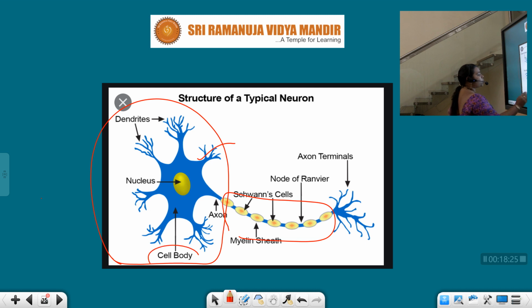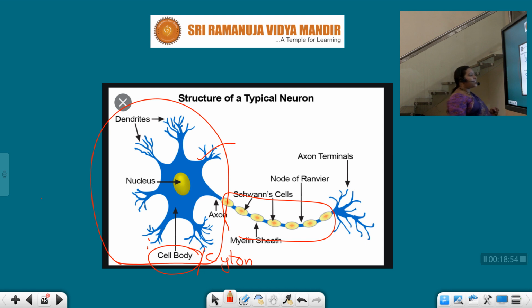The first part is known as the cell body, also called cyton. Cyton, cell body, same. And this is the main part of the whole neuron. The reason is that this cell body has the nucleus. The yellow one in the center is nothing but the nucleus.